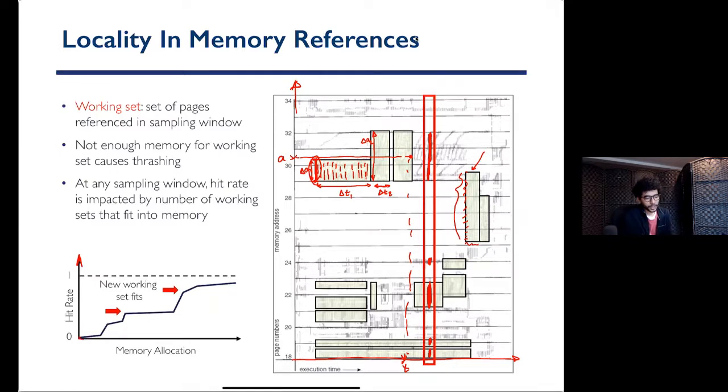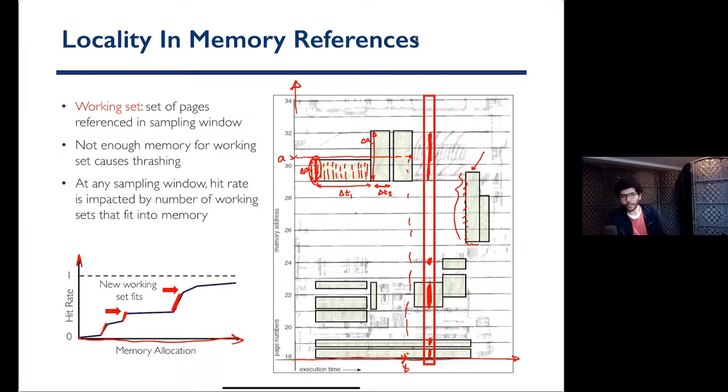And then I look at my memory allocation. Obviously, if I give more memory to my application, the hit rate is going to go up, right? The max is I give the entire memory to my application, so its performance should be the best. Now, you can see these jumps. What are these jumps?